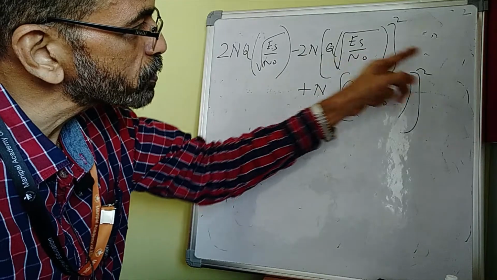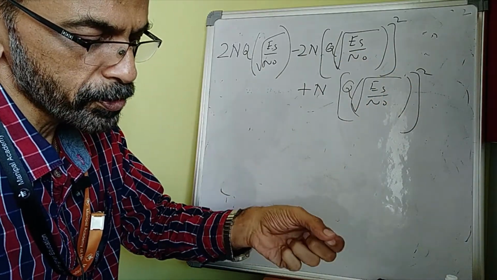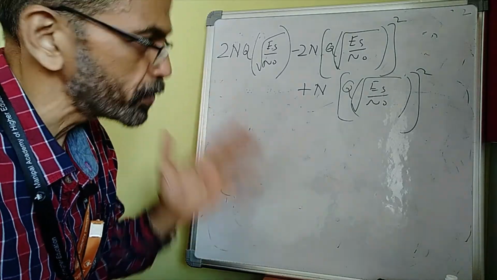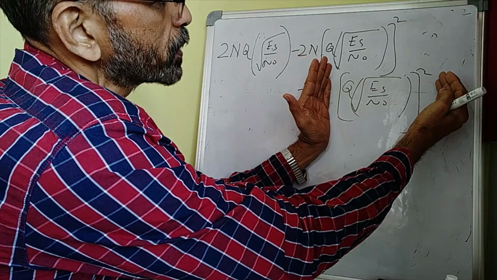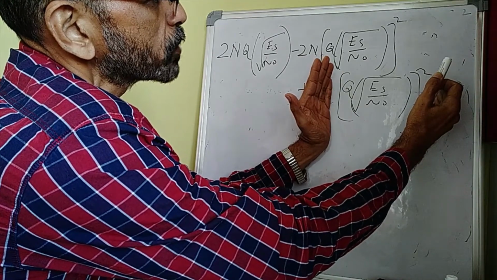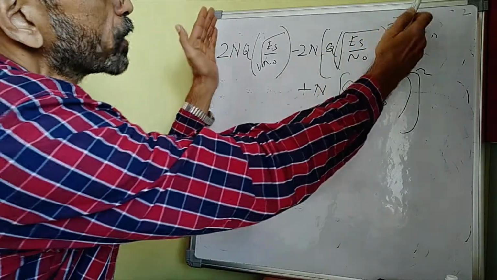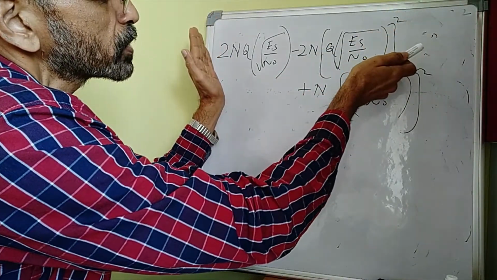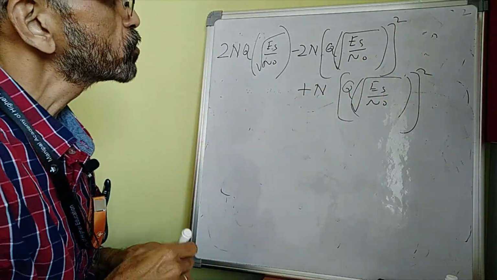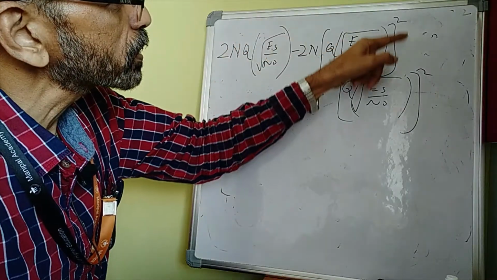And these are the number of symbols which we have lost due to the type of errors where we detect a symbol to be the one which is diametrically opposite to it. Because this is the probability of detecting a signal as one which is diametrically opposite to it, and take away this n and you get the probability of a signal being detected as one which is adjacent to it.